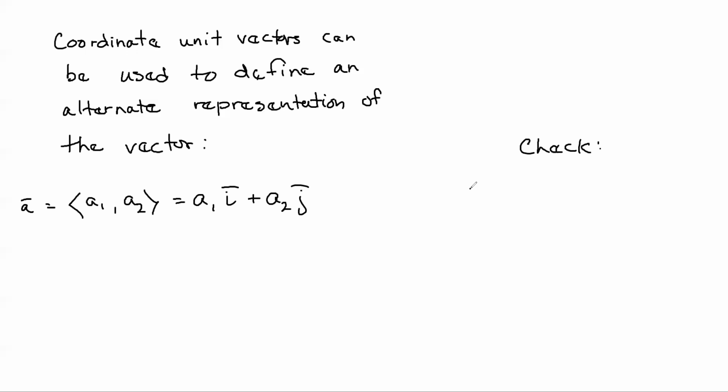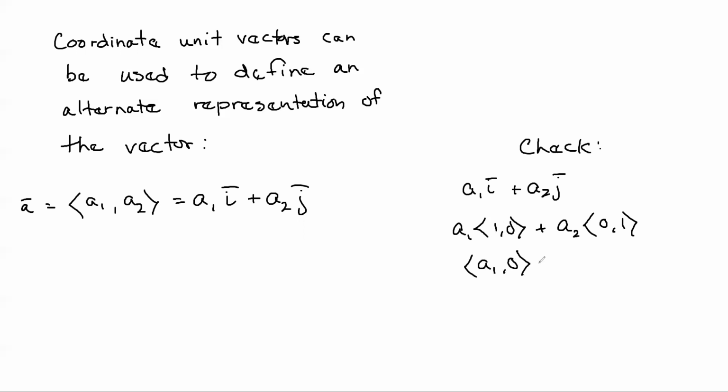So if we have a1 i plus a2 j, we know that i is <1, 0> and j is <0, 1>. This is a scalar multiple of <1, 0>, so we're going to get <a1, 0> by multiplying the components by a1.